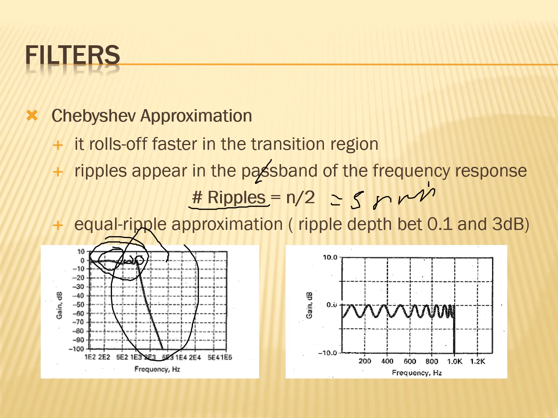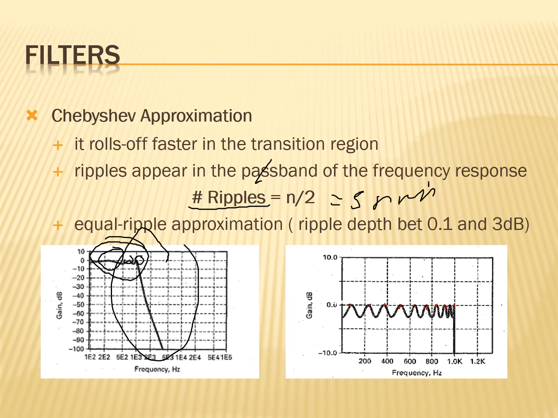This is an example of a response having 10 ripples. If we count them, 1, 2, 3, 4, 5, 6, 7, 8, 9, 10. So we have 10 ripples.